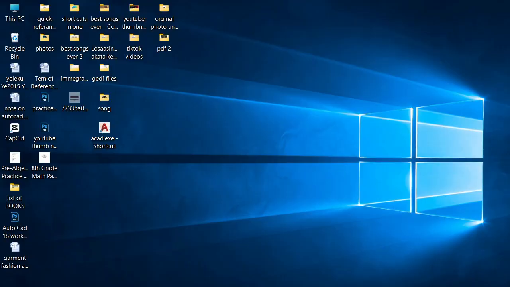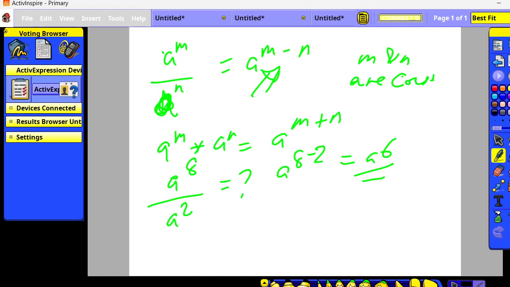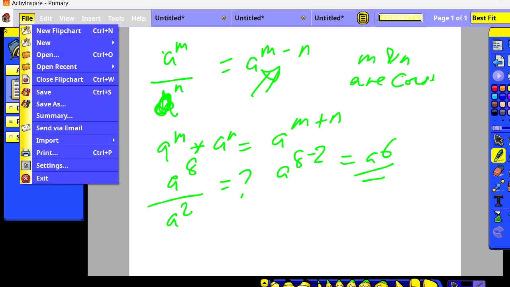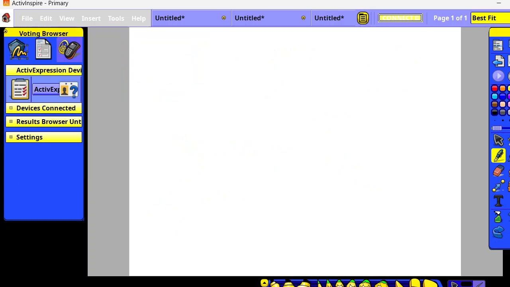Let me use my dashboard. What does the question say? If m raised to 9 over m raised to 6 is equal to 8.